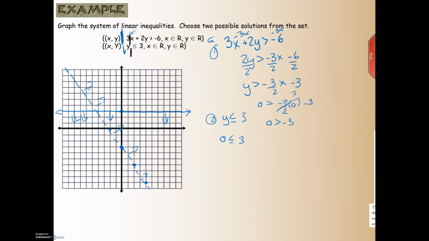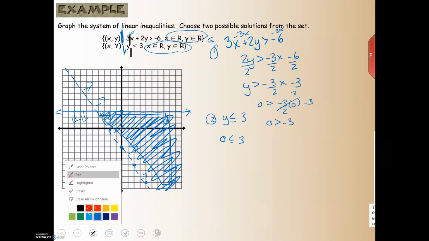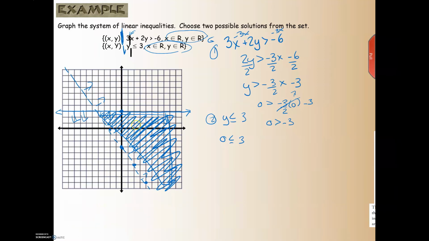So is there a shared region between these two lines? Yes, it's right in here. And because I'm dealing with real numbers, I get to shade in that region. So I'm going to color in that region, and here are all possible solutions. So if it wants me to choose two possible solutions, we can do this point right here, which is the point 1, 1.